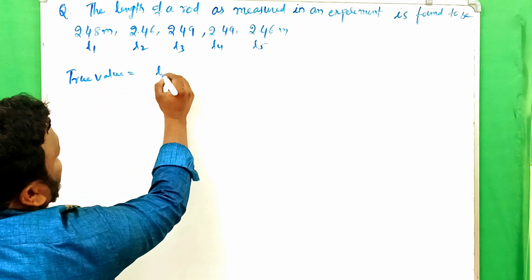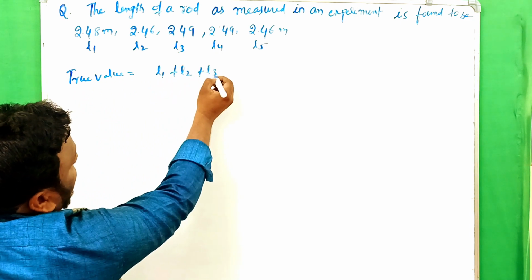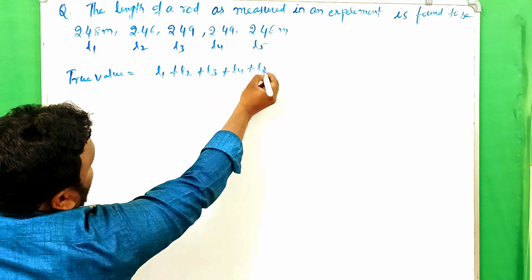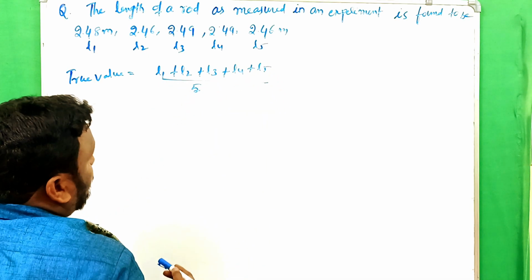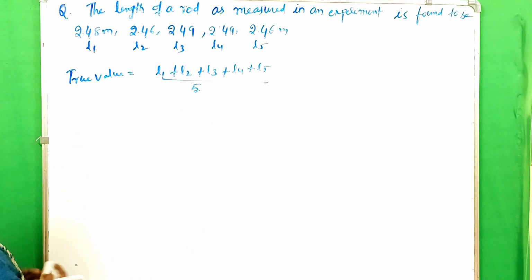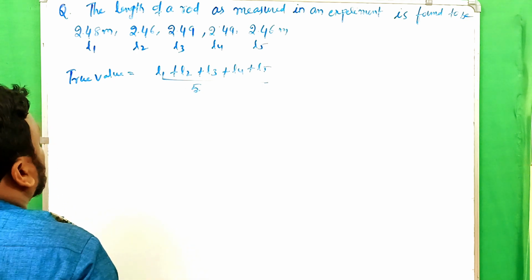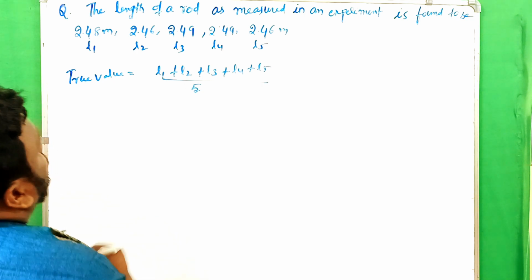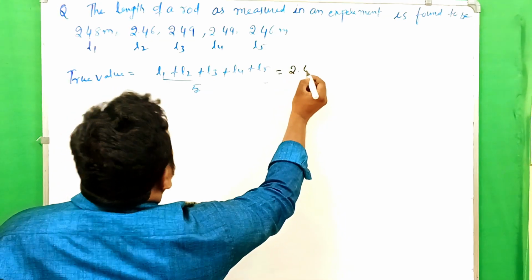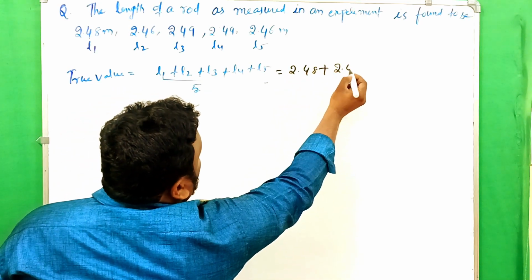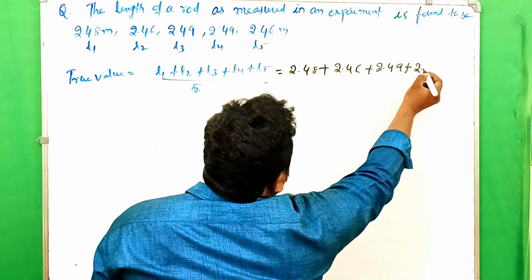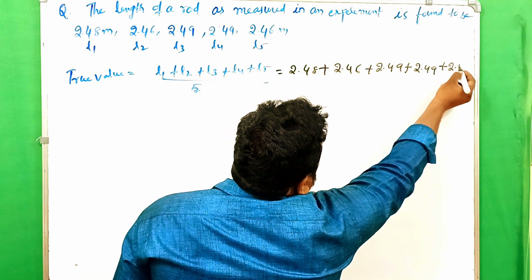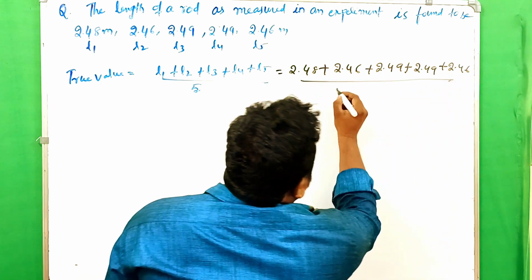It is L1 plus L2 plus L3 plus L4 plus L5 by 5. Clear? So you have to substitute the values: 2.48 plus 2.46 plus 2.49 plus 2.49 plus 2.46 by 5.